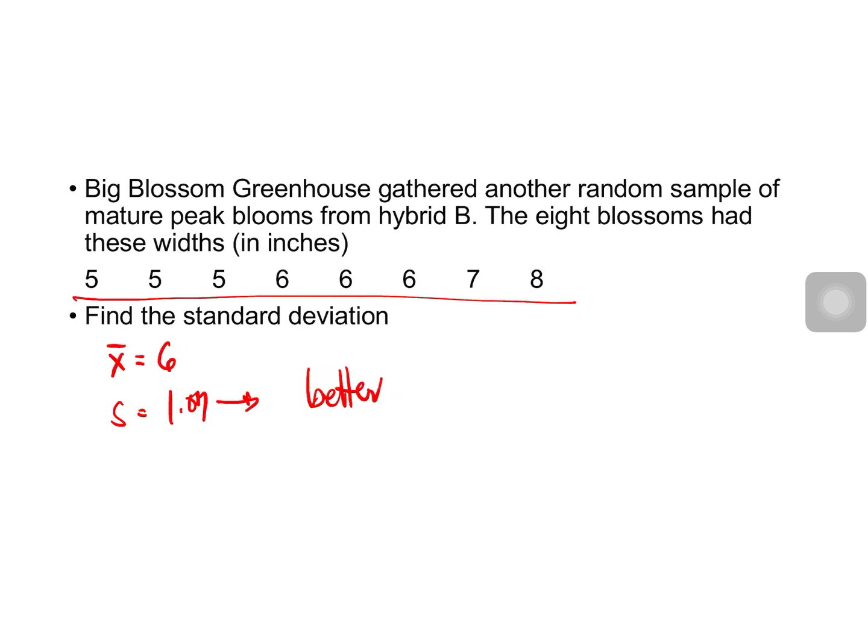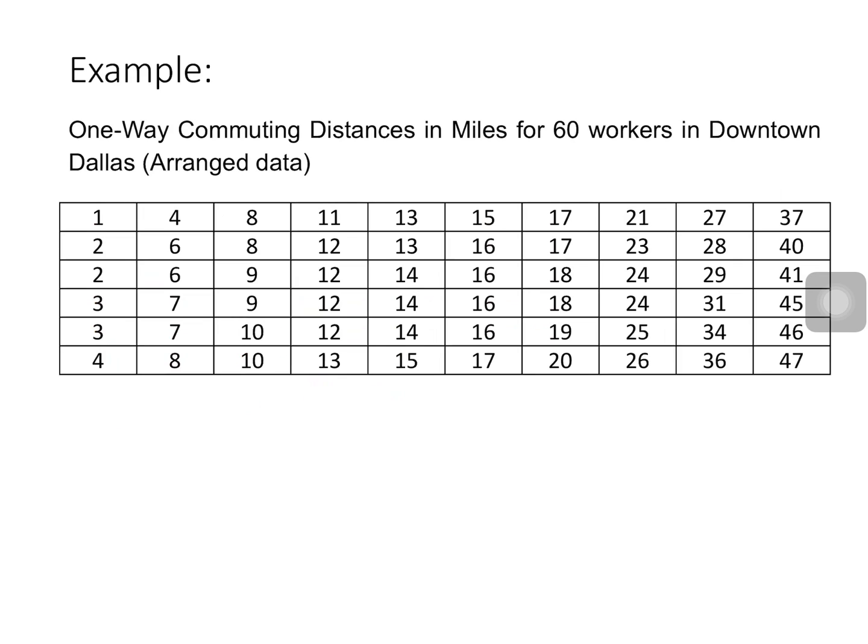So, for our example of one-way commuting distances in miles for 60 workers in downtown Dallas, let us compute the standard deviation. Again, make use of your calculator technique. Instead of choosing 2, choose 4.